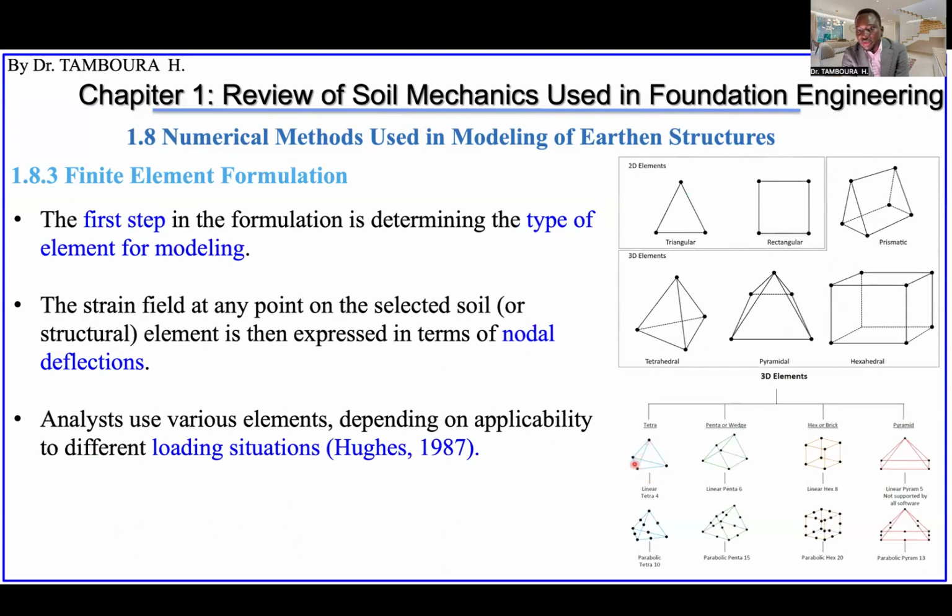Sometimes you may have this or this, the same shape, but the number of nodes is different. For example, here you have 4 nodes, but here you have 10 nodes. This one is 6, 15, 8, 20, and so on.